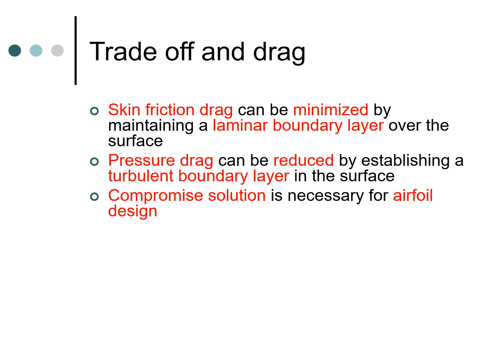But pressure drag is reduced by establishing a turbulent boundary layer. So there are two different requirements here, and this is a typical situation in many engineering problems: if you want to reduce both types of drag, you need to find some compromise solution. That will be required if you are designing any airfoil or cross section which is going to produce lift and have lower drag.